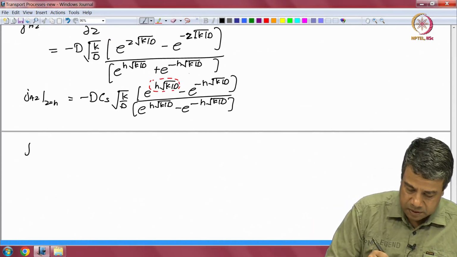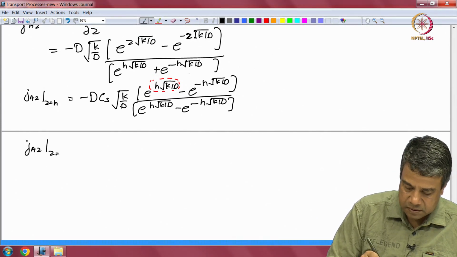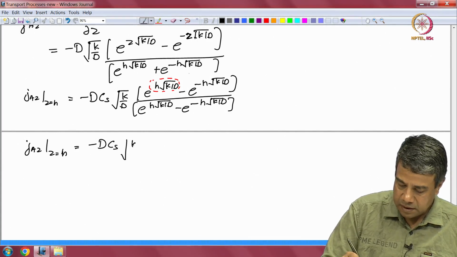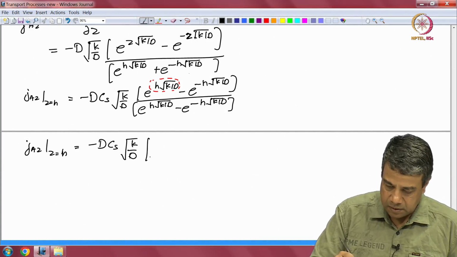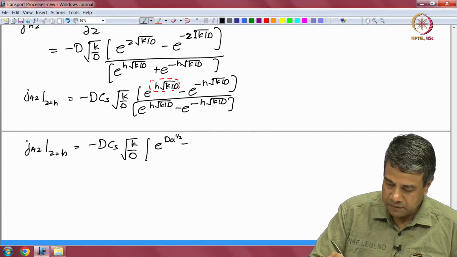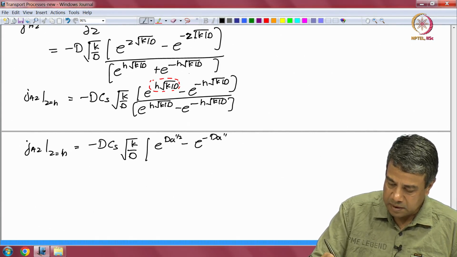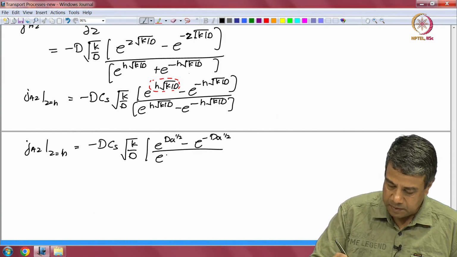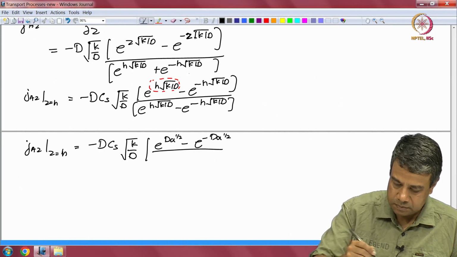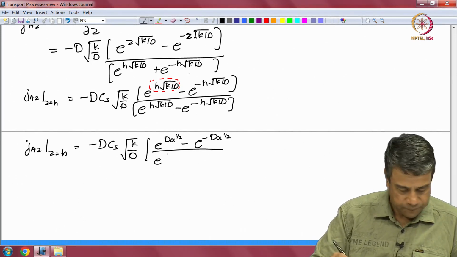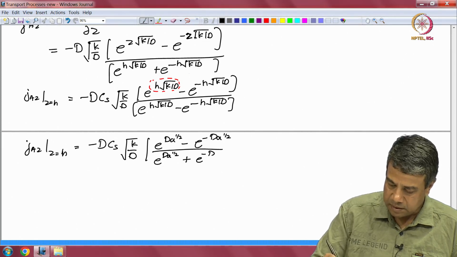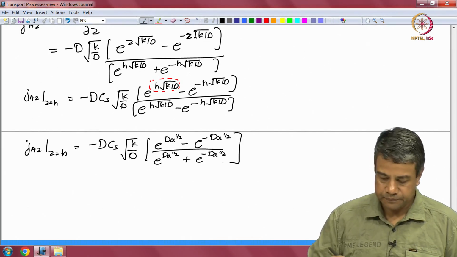J_Az at z equal to h is equal to minus D C_s root of k by D, into e power Damkohler number power half minus e power minus Damkohler number power half, by e power Damkohler number power half plus e power minus Damkohler number power half.